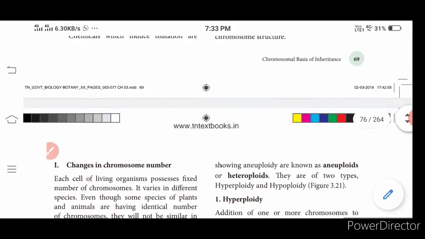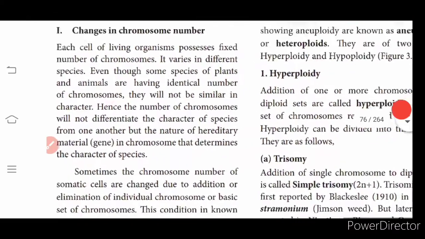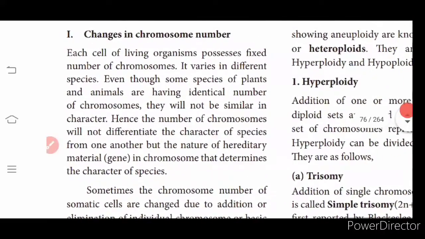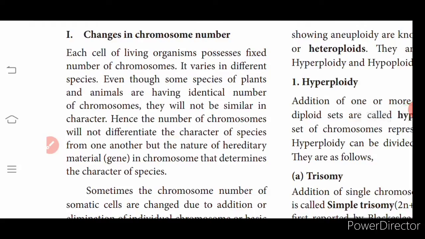As we have learned, change in number of chromosomes. Each living organism possesses a fixed number of chromosomes. It varies in different species. Even though some species of plants and animals have an identical number of chromosomes, they will not be similar.